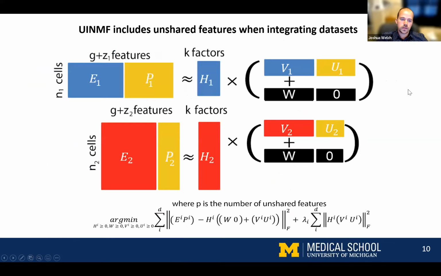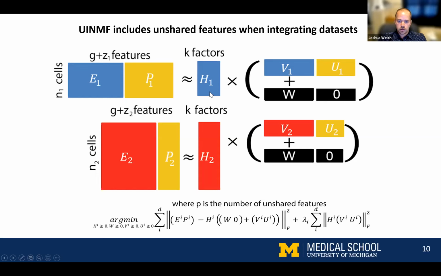So the core of the UINMF method is basically changing the matrix factorization approach of INMF by incorporating unshared features that may occur only in one data set. And basically the trick we use to do this is to concatenate a U matrix to the V matrix. Recall that V is dataset specific metagenes, and then this U matrix corresponds to unshared metagenes.